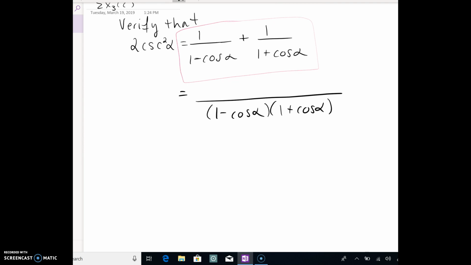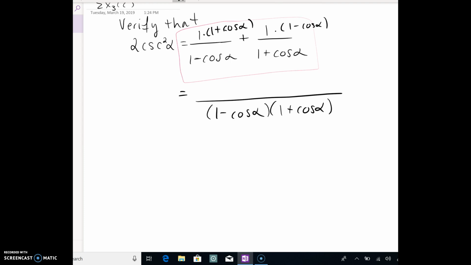And let's multiply each term in our numerator by the missing factor. Well, to get from 1 minus cosine alpha to 1 minus cosine alpha times 1 plus cosine alpha, we had to introduce a factor 1 plus cosine alpha. To get from 1 divided by 1 plus cosine alpha to 1 minus cosine alpha times 1 plus cosine alpha, we had to introduce a factor of 1 minus cosine alpha.